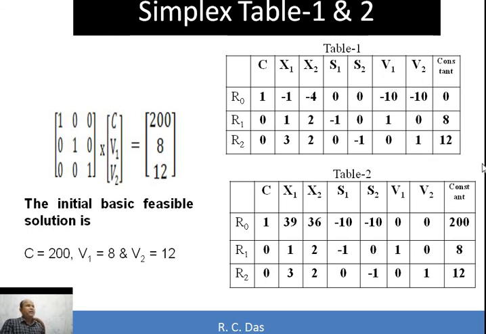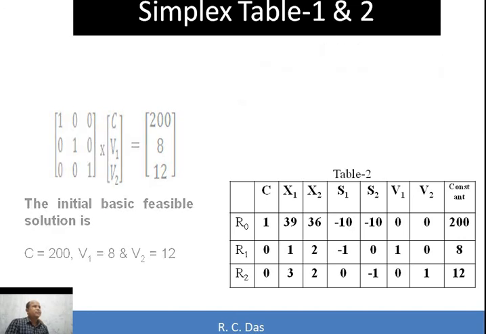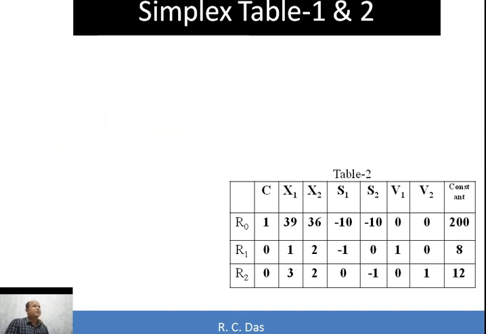But in a maximization problem, we simply add the slack variable. In a minimization problem, we add not only the surplus variable, but also the artificial variable. Well, so now we have table number 2. Let us take it here.